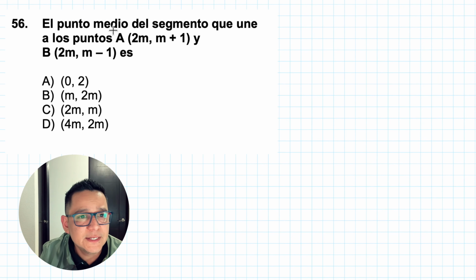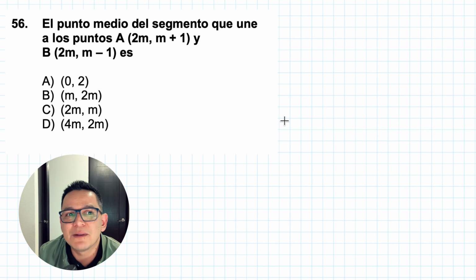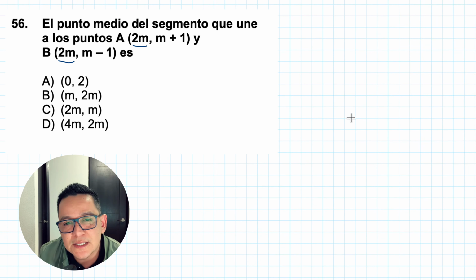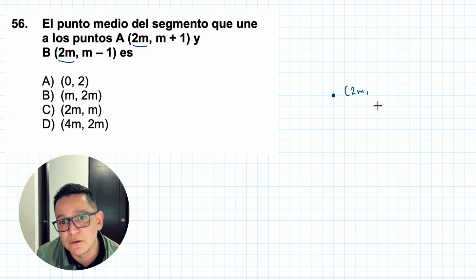Look, in this case, since we're talking about segments, I want you to notice that this value and this value are exactly the same. What does it mean then that with respect to x, this point has coordinates 2m, something I don't care about, and this point with respect to x should also have coordinates 2m, comma something, right?